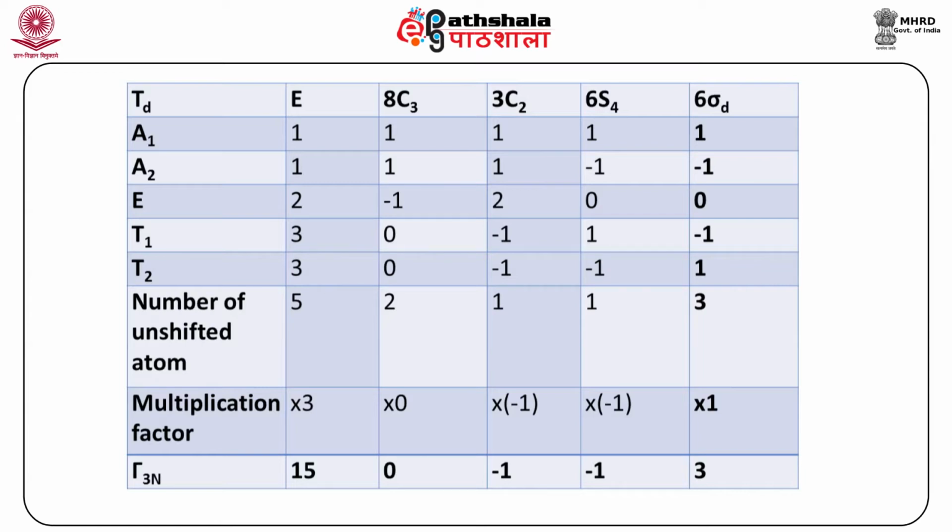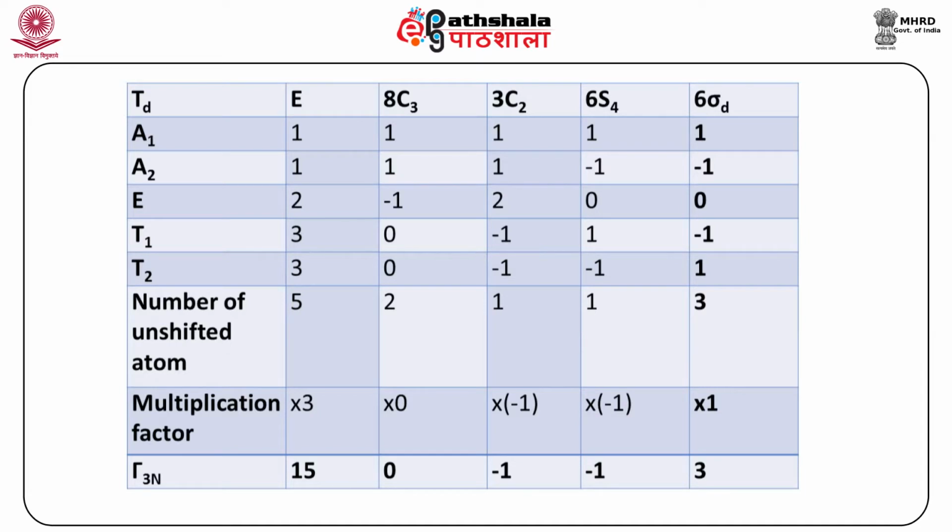That is, 5 atoms are unshifted when symmetry operation E is carried out, and when C3 operation is carried out, 2 atoms are unshifted. When sigma d or S4 is carried out, 1 atom is unshifted. When sigma d is there, it contains 2 chlorine atoms and 1 carbon atom, so the unshifted atoms are 3. So we are having the figures 5, 2, 1, 1 and 3.